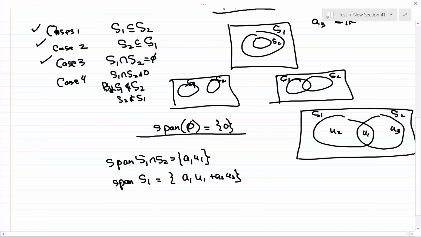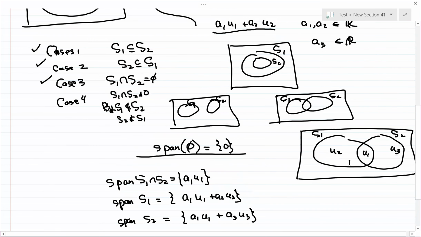But anyway, that's what the span of the set is. In S1 there's only 2 elements, so it would be a linear combination like this. What would the span of S2 look like? It would look like something times U1 again, plus something times, let's say, U3. So this is how the picture looks. This is how the 3 sets look.